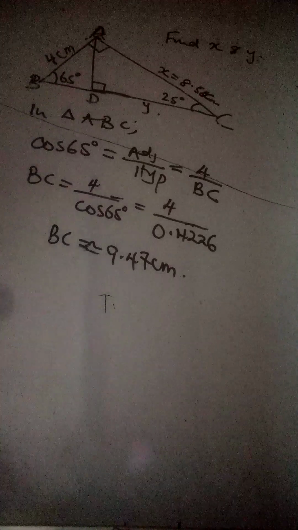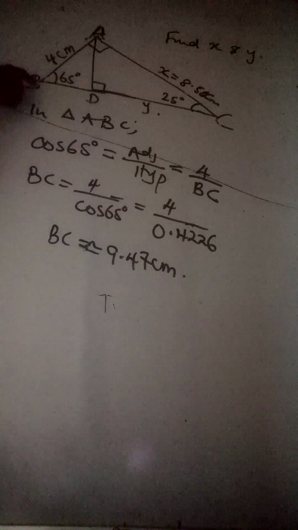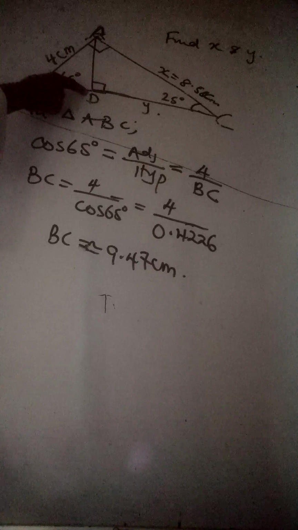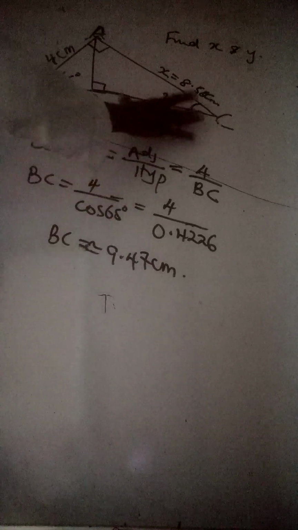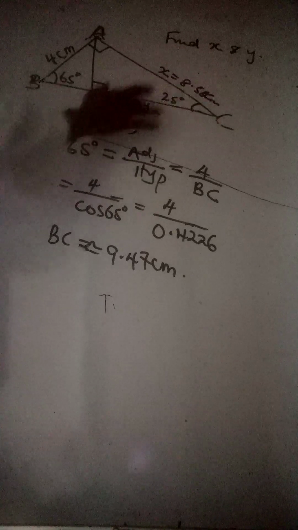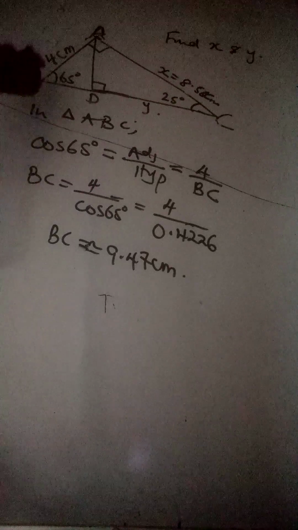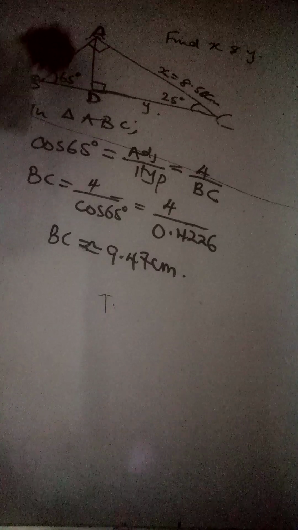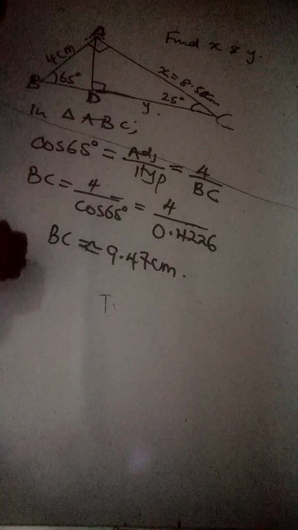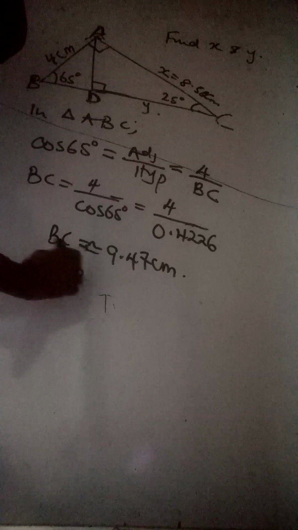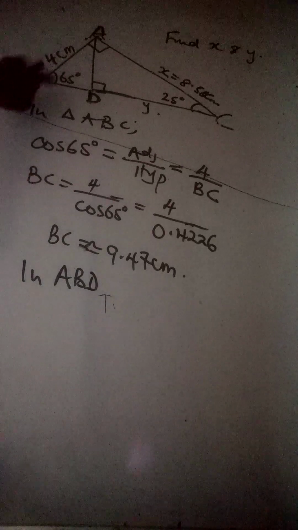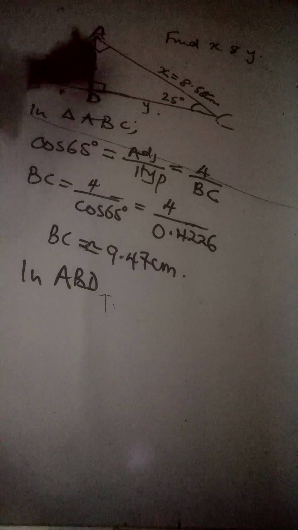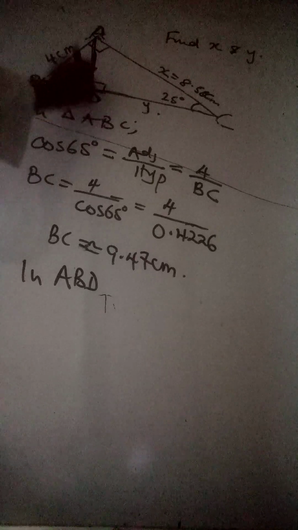So I can now get Y. How would I get Y? I will get B to D from here to here. When I get B to D, I will subtract it from this, and it will give me D to C, which is Y. To get B to D, I'm restricting myself to triangle ABD now. In triangle ABD, this side will be adjacent, this will be opposite, and this hypotenuse.